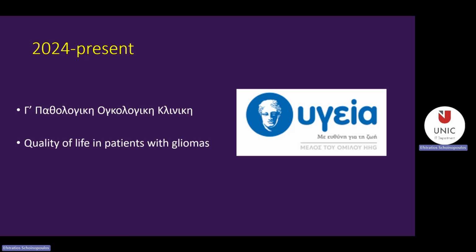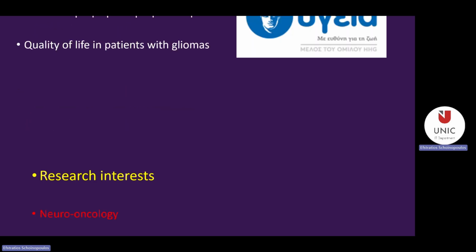And finally, we also have cooperation the last couple of years with Υγεία Hospital, with the Gamma Pathologique Oncologique Clinique, where Dr. Evangelia is the director, and we study quality of life in patients with gliomas.